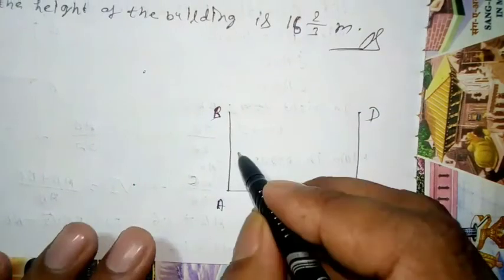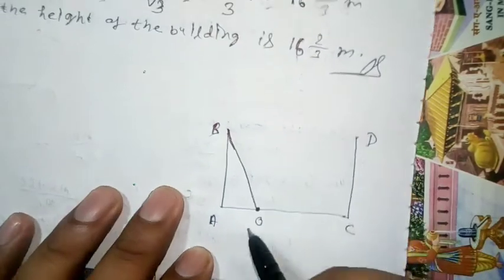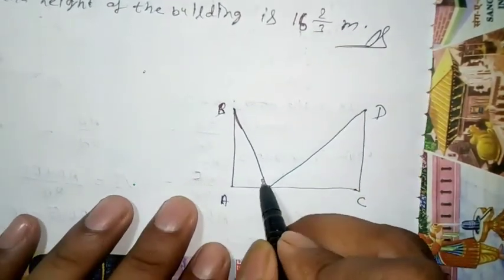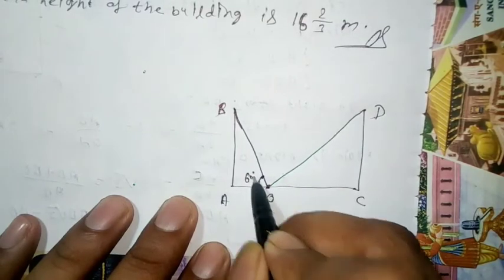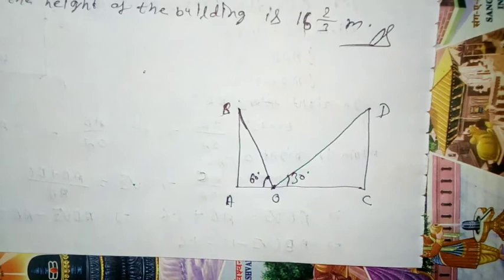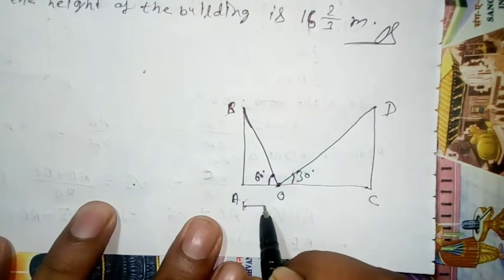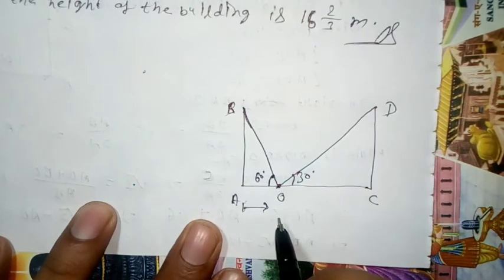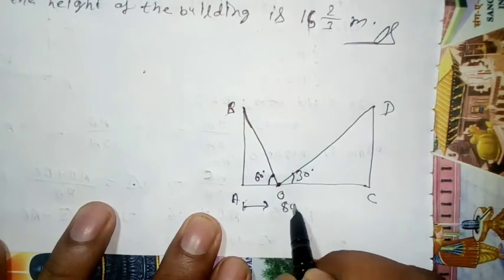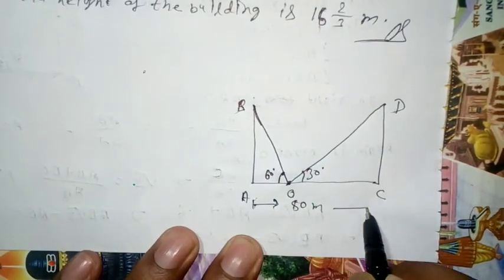From the question, the angle of elevation of the poles is 60 degree and 30 degree respectively, and also the width of the road is 80 meter.